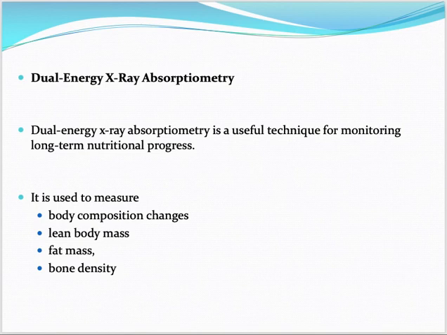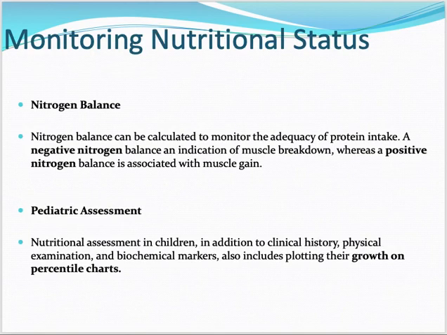Other than that, of course, I told you there are different lab measures which we can do. One of the lab measures is the nitrogen balance. Now, what is nitrogen balance?